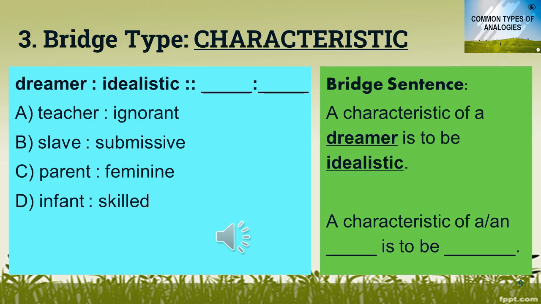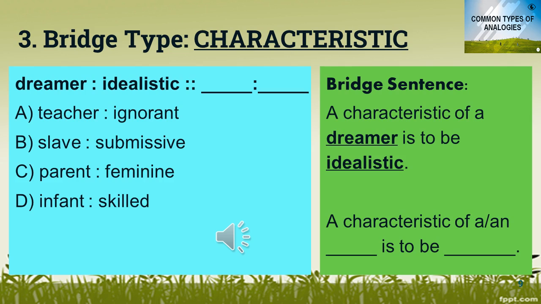Letter A, a characteristic of a teacher is to be ignorant. Letter B, a characteristic of a slave is to be submissive. Letter C, a characteristic of a parent is to be feminine. Letter D, a characteristic of an infant is to be skilled.